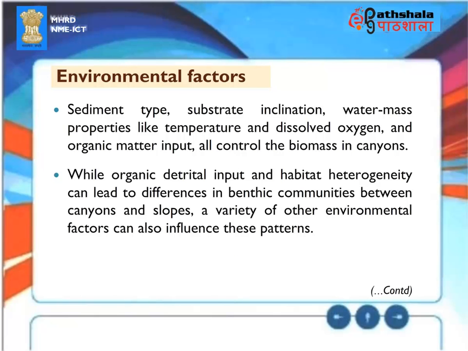Environmental factors: sediment type, substrate inclination, water mass properties like temperature and dissolved oxygen, and organic matter input all control the biomass in canyons, while organic detrital input and habitat heterogeneity can lead to differences in benthic communities between canyons and slopes. A variety of other environmental factors can also influence these patterns.